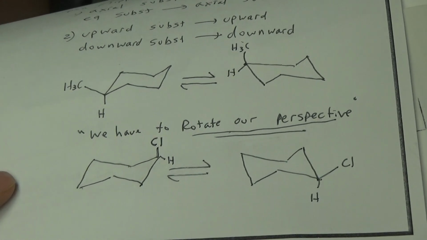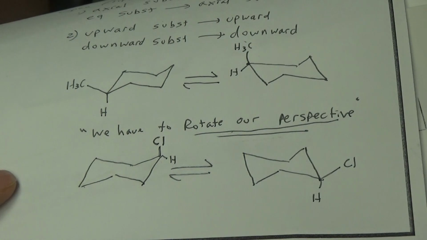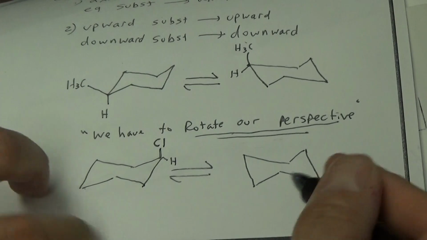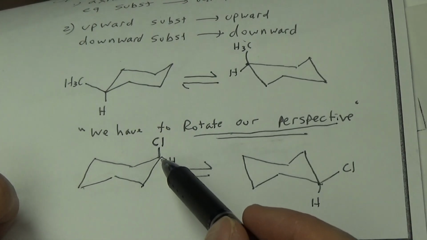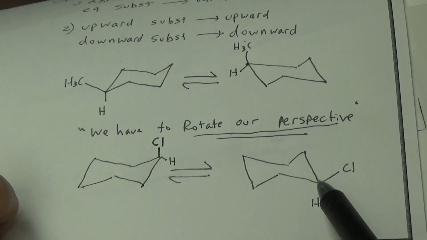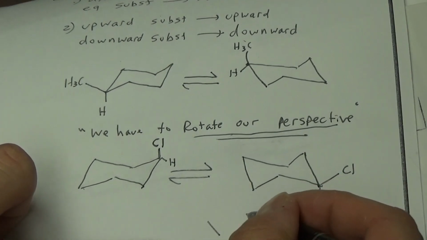Okay? What else about this? There's another form that we could draw, right? If we look at one carbon over, in this molecule it could either be there or there. Let's just draw the other one just for fun. I'll put it down here also.